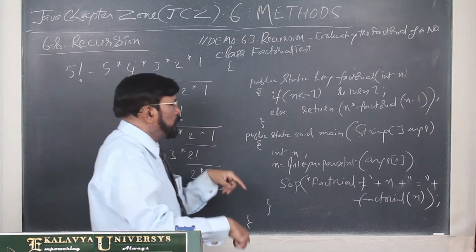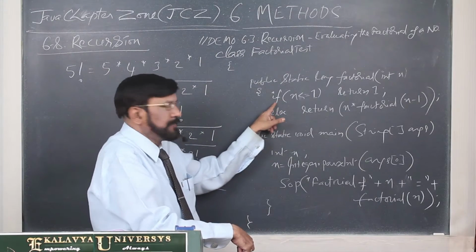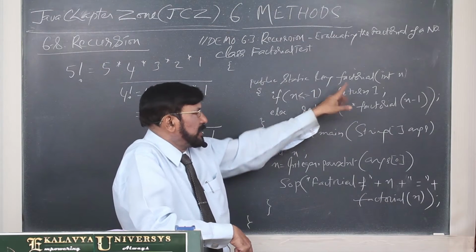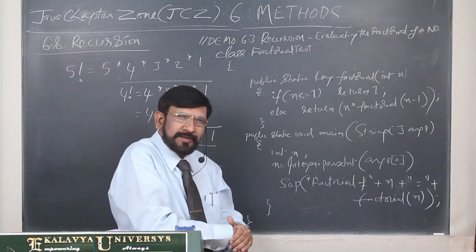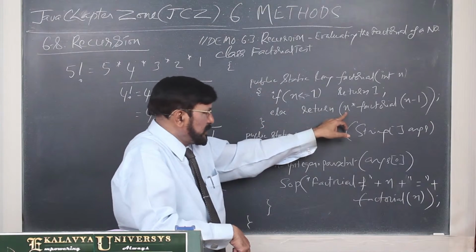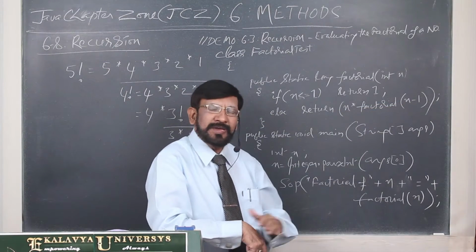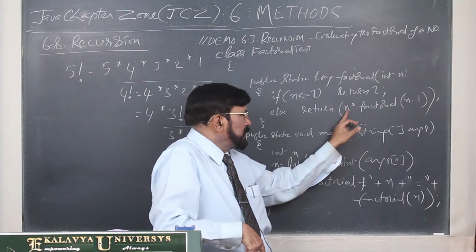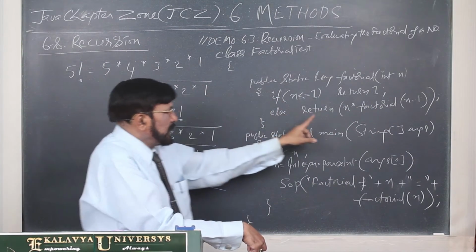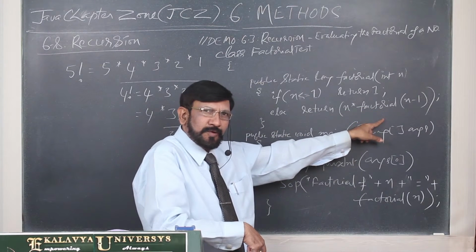Now what code have I written? If n is less than or equal to 1, return 1, else return n into factorial of n minus 1. As I already showed you, if you want 5, it is 5 into factorial 4.